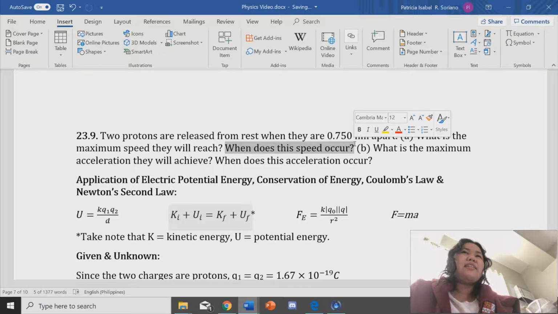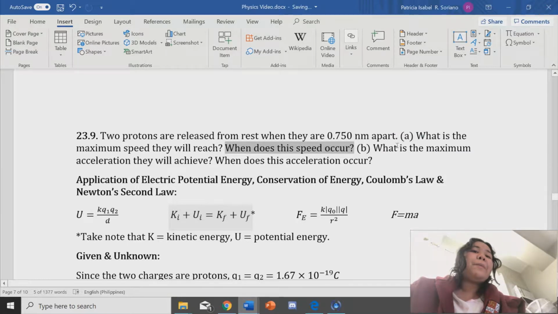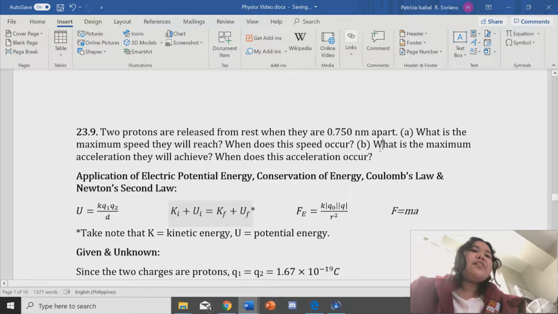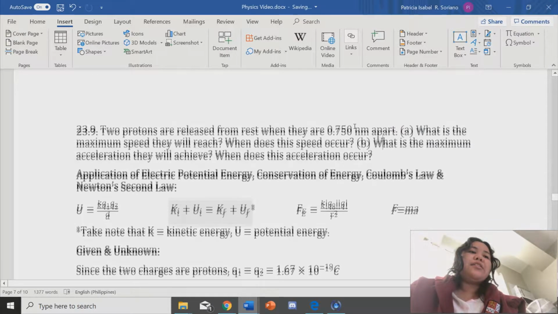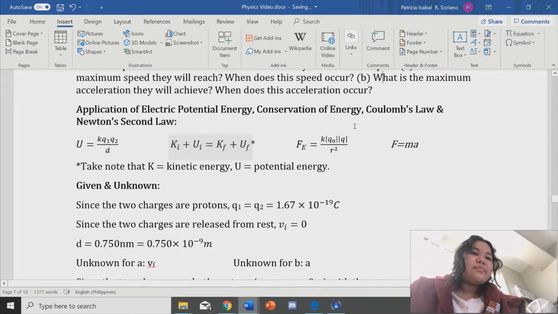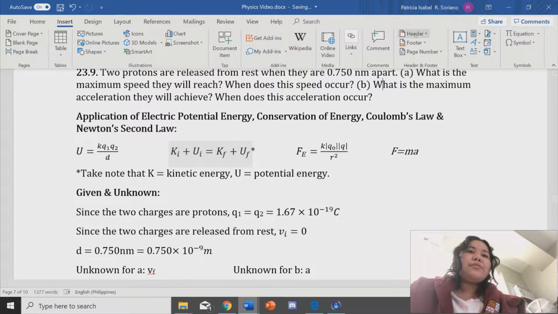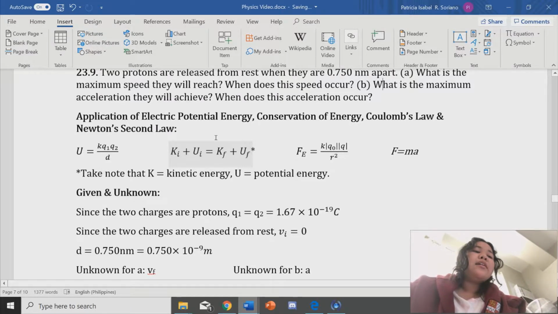Like, will it take a bit longer? Will it happen immediately after the release? Something like that. And for part B, they're looking for maximum acceleration. Similar to part A, they're also looking for when it occurs.